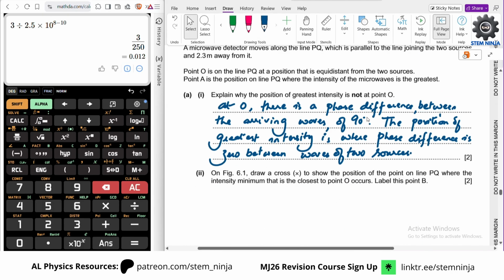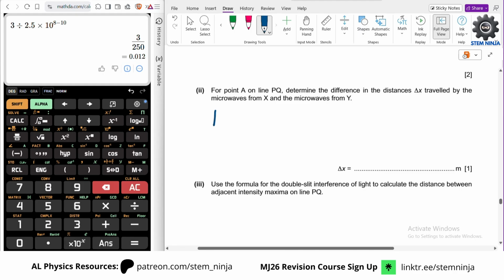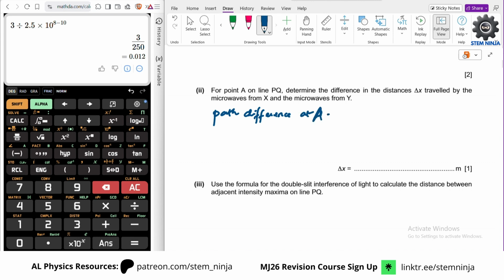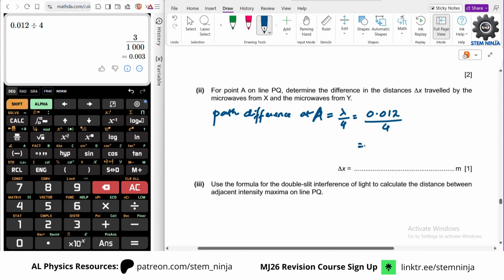So path difference at A is quarter of a wavelength. So 0.012 over 4. This is 0.003 meters.